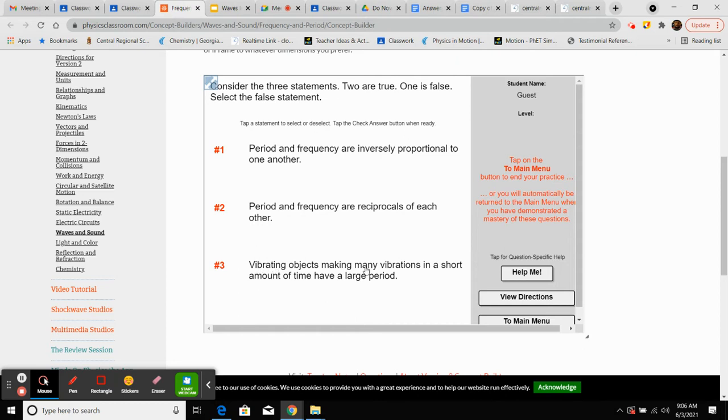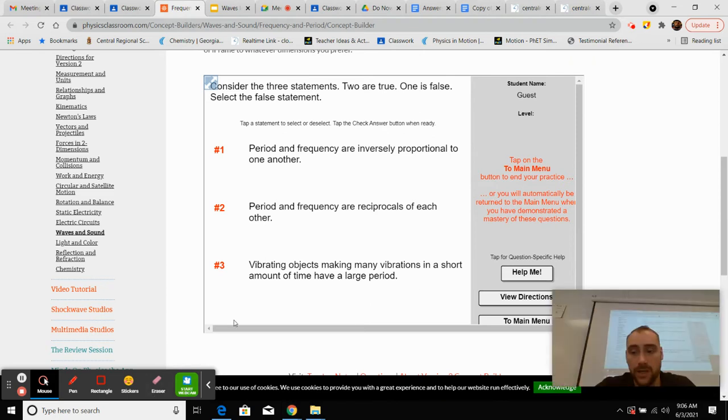Vibrating objects that make many vibrations in a short amount of time have a long period. The more vibrations it's making, the less time it takes to do a there and back. If I show this, a slow there-and-back motion is a low frequency because it's not happening super often.